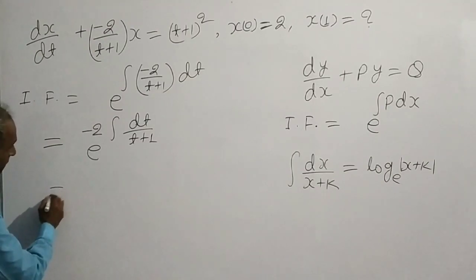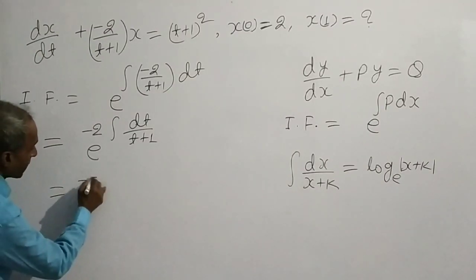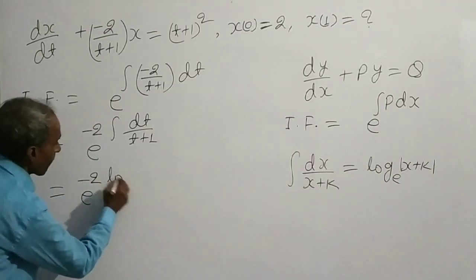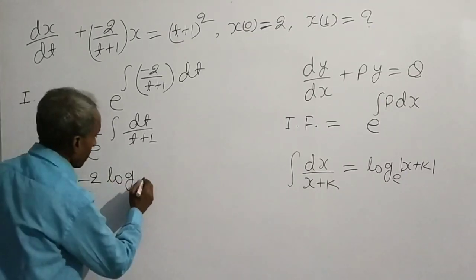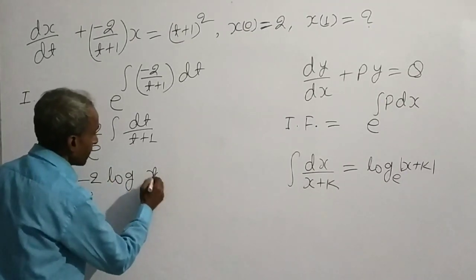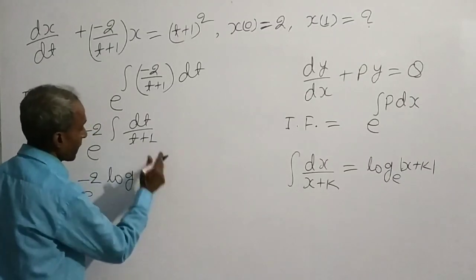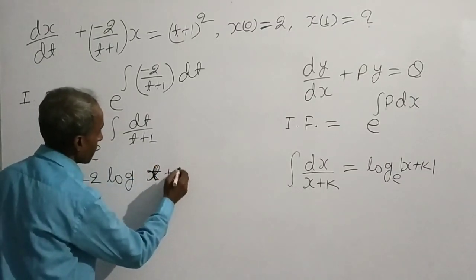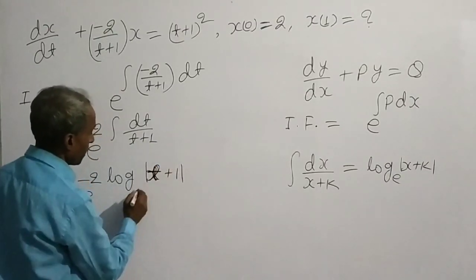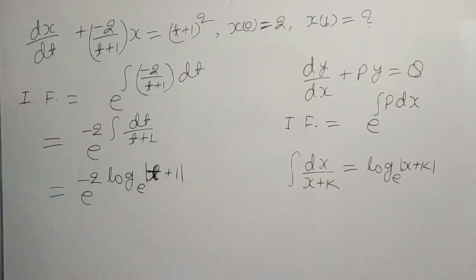Therefore, this will be e to the power minus 2 log, not x but t plus 1 mod, to the base e.